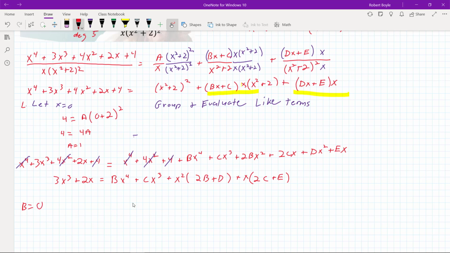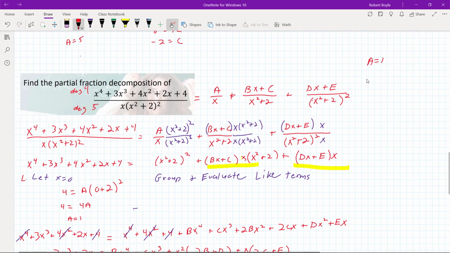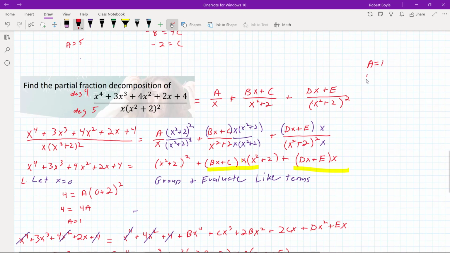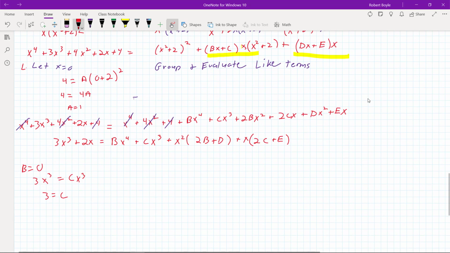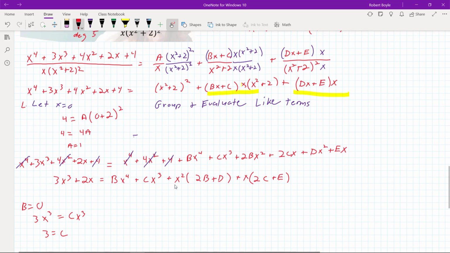Also, for terms of degree 3, we have that 3x cubed is equal to cx cubed, and that implies that 3 is equal to c. So we have that a is equal to 1, we have that b is equal to 0, and that c is equal to 3. Now look at the quadratic term.